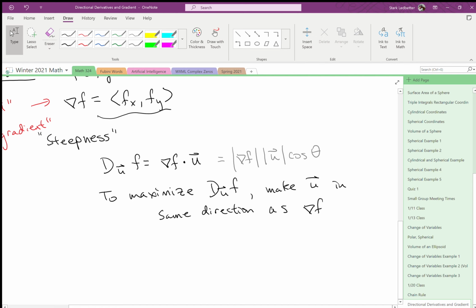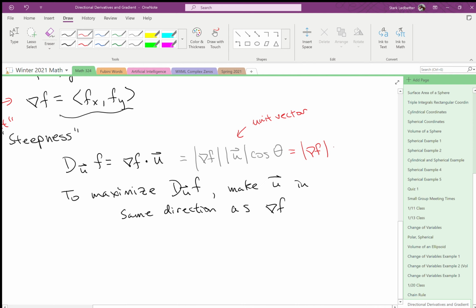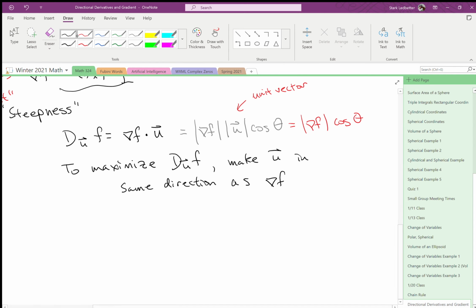And then also note that because we made u a unit vector, the magnitude of that is 1. So this is really the magnitude of the gradient times cosine theta, and the maximum possible value of cosine theta is 1.